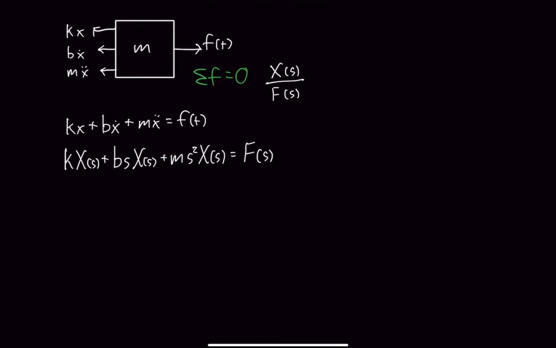So I'll have x of s times (Ms squared plus Bs plus K) equals F of s.